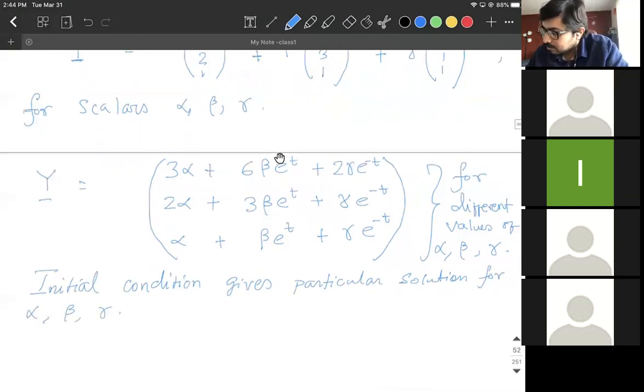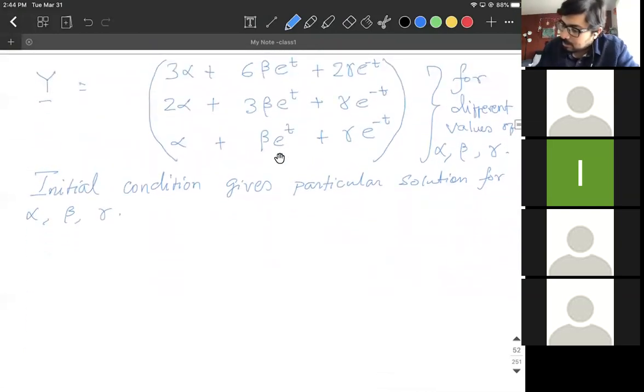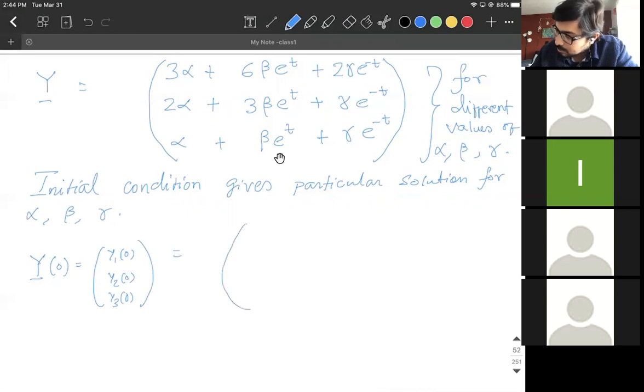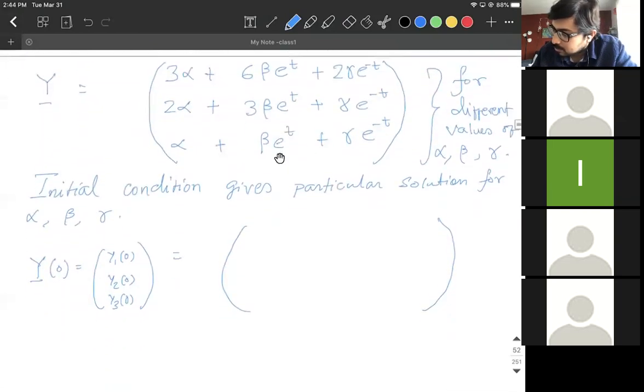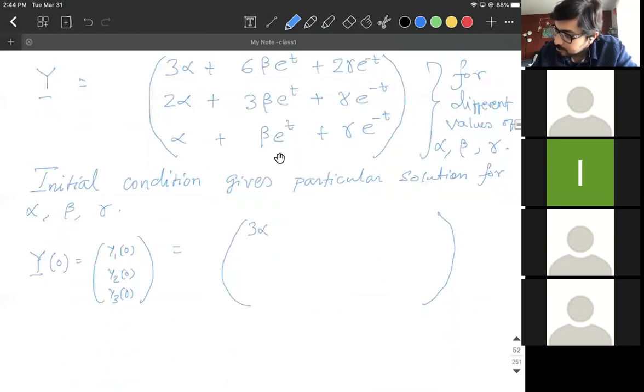So we'll have three linear equations basically. So y(0), which is simply y1(0), y2(0), y3(0), is given by, on the right hand side, you plug in t equals 0. So this is 3 alpha plus 6 beta plus 2 gamma. Remember that t equals 0 here. Then 2 alpha plus 3 beta plus gamma. Then alpha plus beta plus gamma.